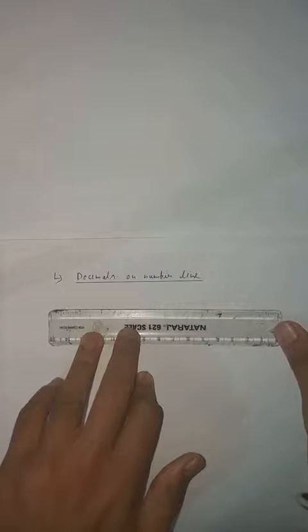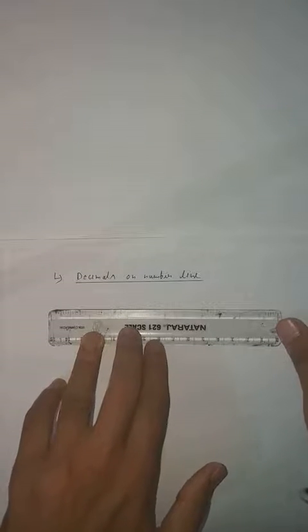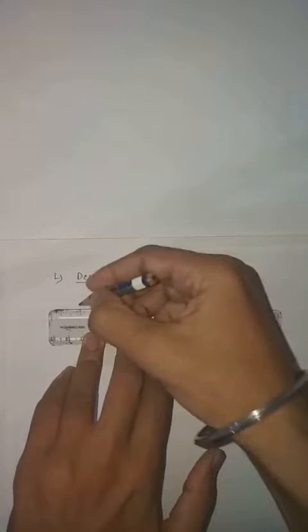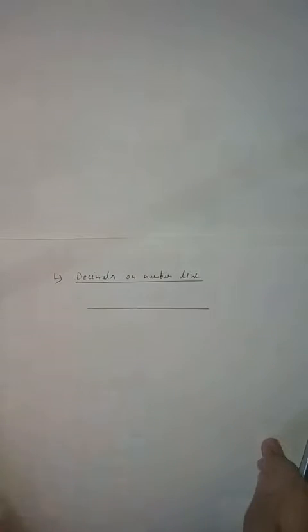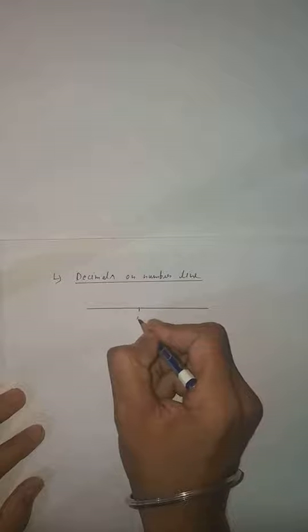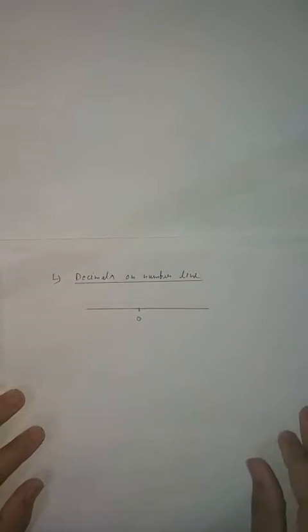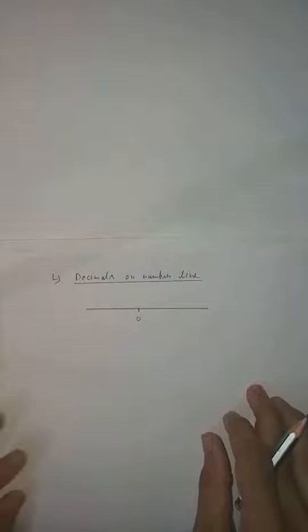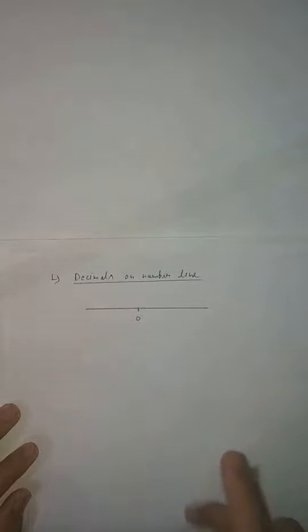In integers, you know how to represent an integer on a number line. In the same way, you have to represent a decimal on a number line. So now I am going to revise what the number line is, students. Clear? You know that here in the middle there is a 0. The left hand side of 0 is the number line too. So the left hand side of 0 are all negative integers, and the right hand side of 0 are all positive integers.